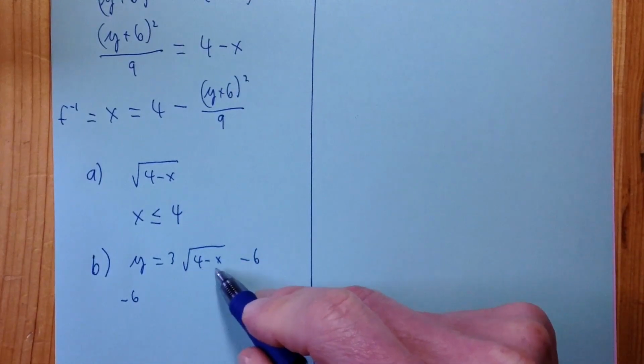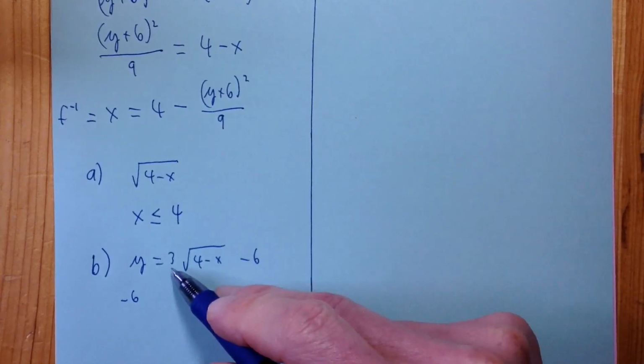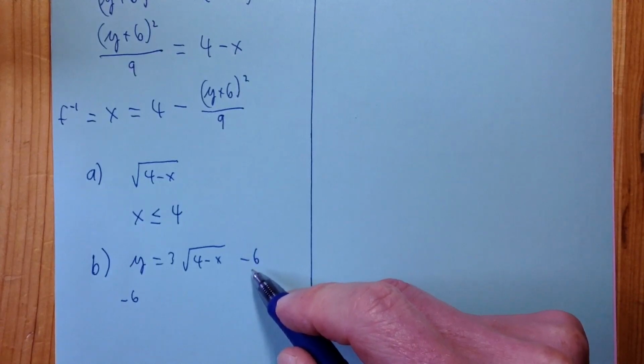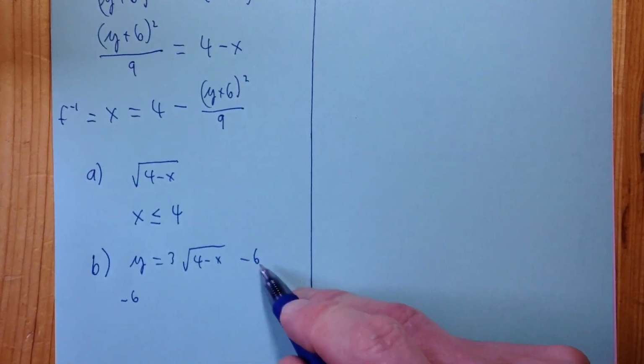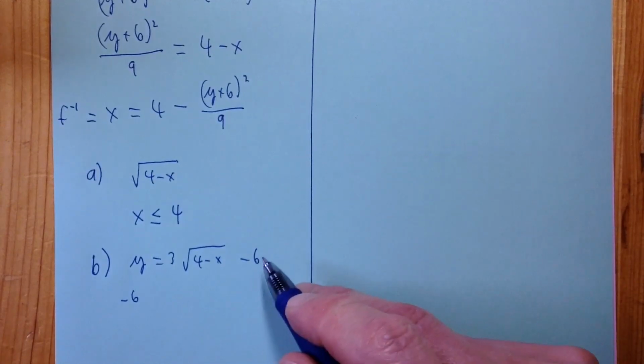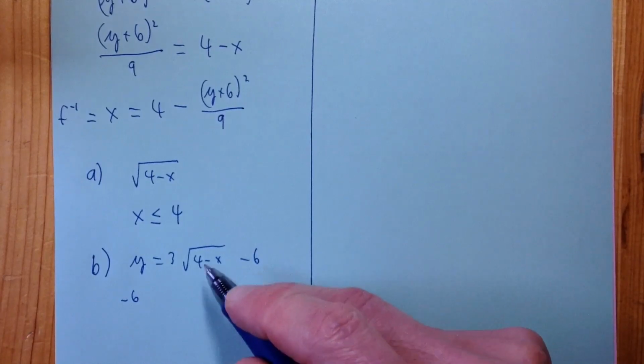Other than that, we can make this square root as big as we want. Just make x a negative number. We can make this number as big as we want. We're always going to take away 6 from it. So the smallest it can be is negative 6, because this is always positive. So it's going to be a positive number plus negative 6. So the smallest is going to be negative 6, but it can go to infinity.